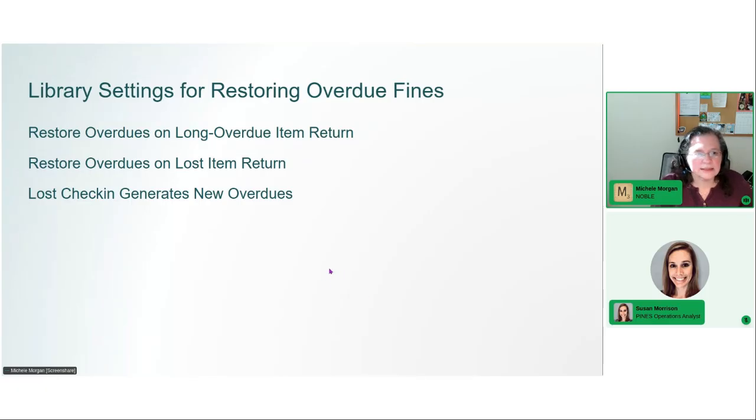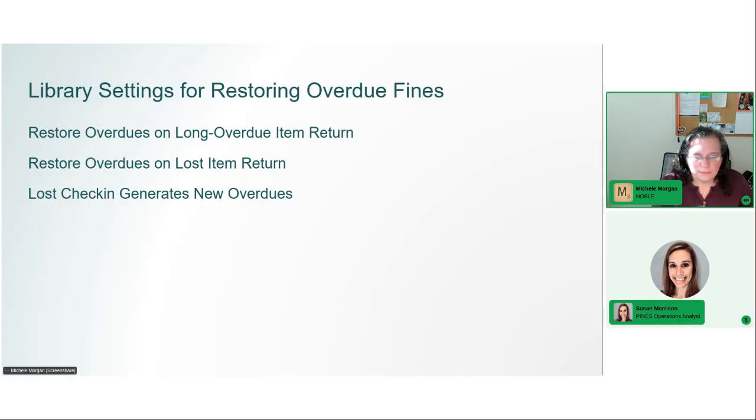So the last group of library settings have to do with what to do with overdues when long overdue or lost items are returned. You can have the setting to void a long overdue or lost bill when an item's returned.